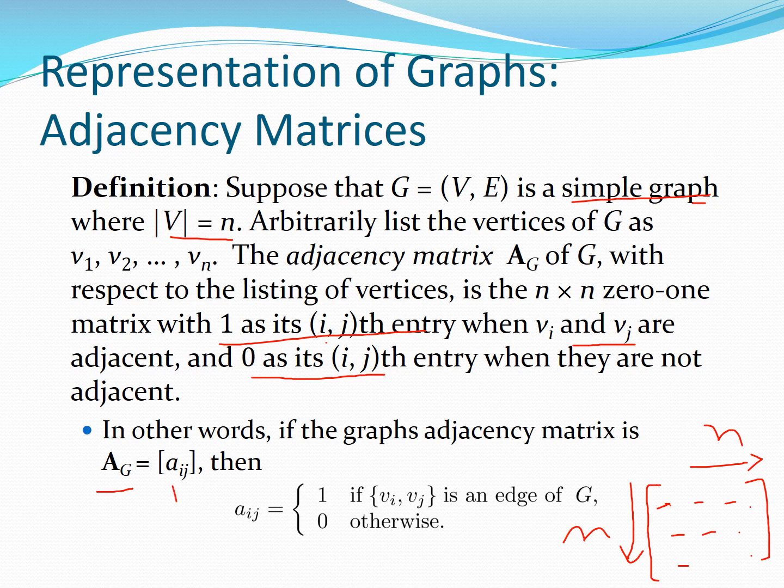So aij can be either a 1 or a 0, and it's going to have n rows and n columns if the number of vertices in the graph is n. And how do you find out whether aij is a 1 or a 0? aij will be a 1 if there is an edge between the vertex vi and the vertex vj. If there is no edge between those two vertices, then you're going to put a 0 in there.